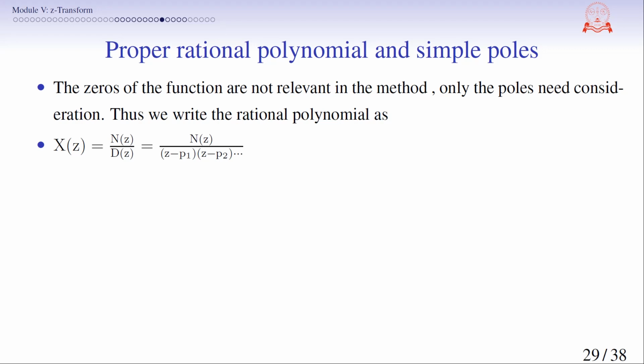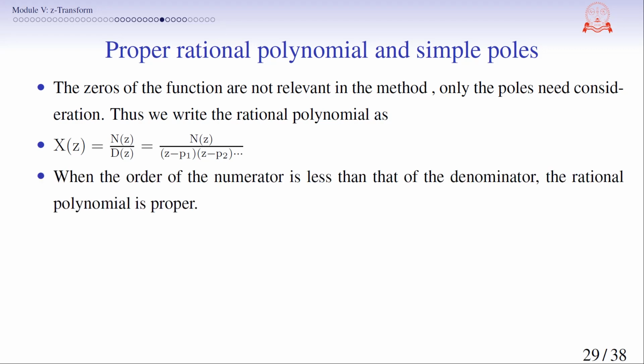As we don't care about the numerator part of z, X of z can be represented as numerator part of z divided by z minus p1 into z minus p2 into z minus p3, etc. Here the poles are considered as simple poles.